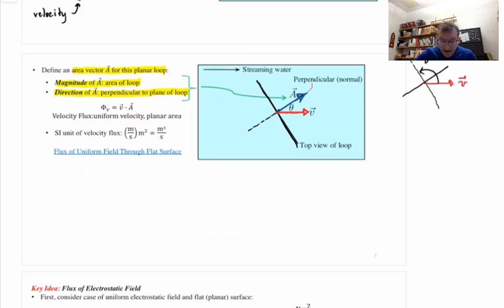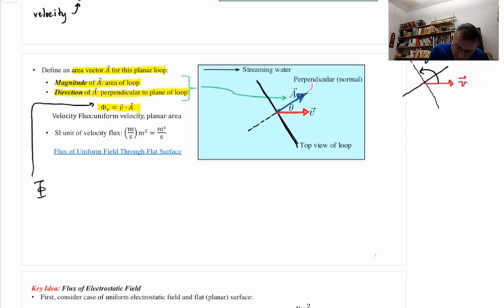If we think of A as a vector, then my expression on the previous slide for velocity flux is equivalent to a dot product of the vector field, in this case velocity, with the area vector, V dot A. That's going to be very important.